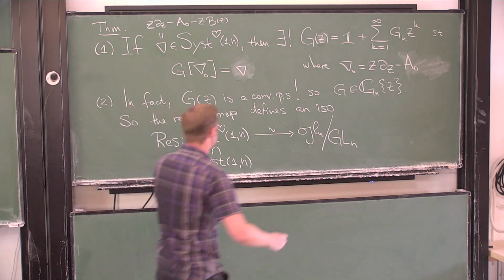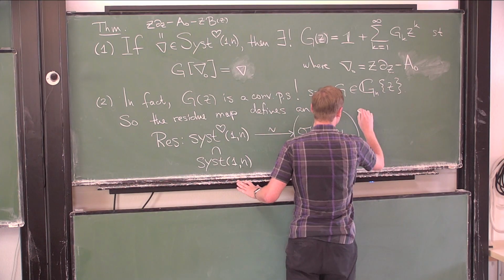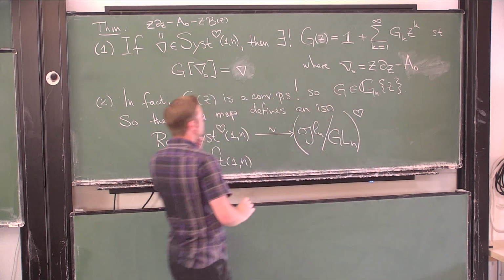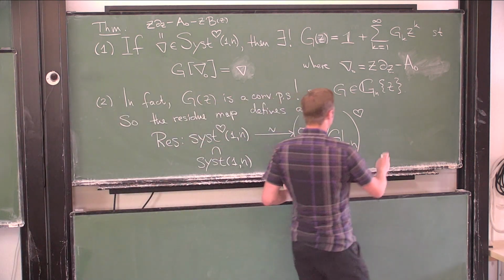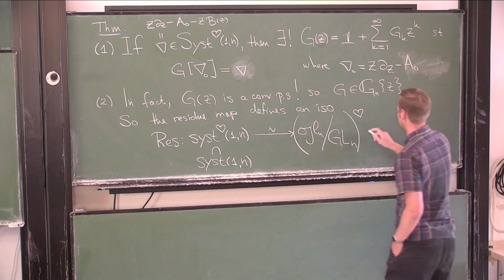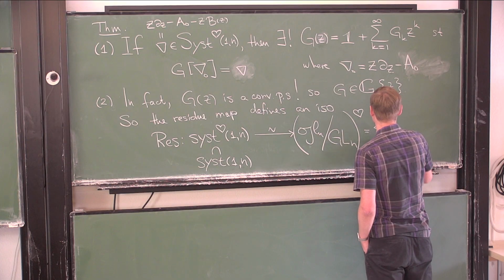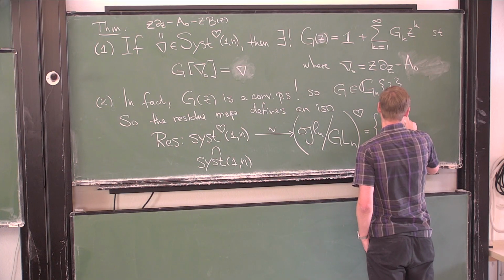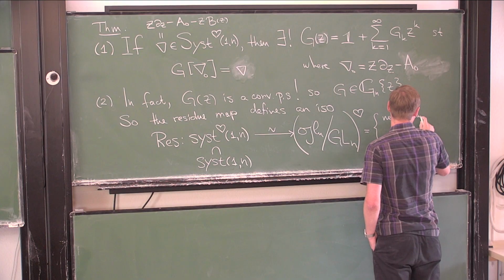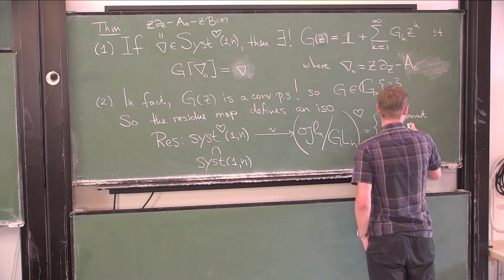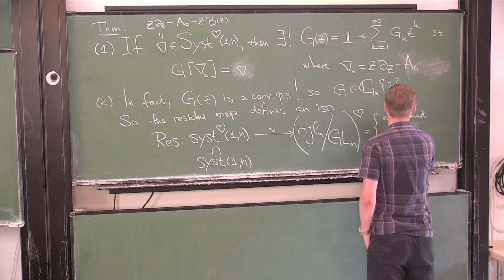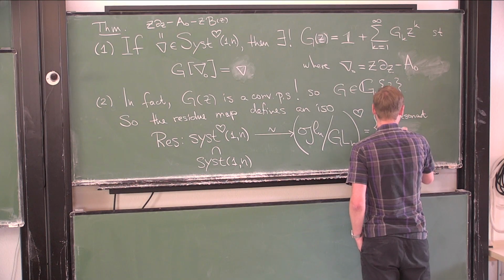No, sorry, that's not quite true. There's an isomorphism between it and a subset of this quotient, which is made up of non-resonant Jordan normal forms, non-resonant diagonal matrices.